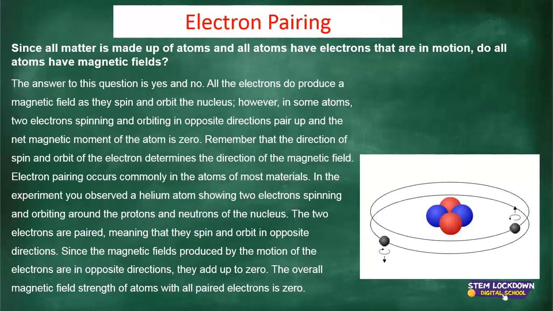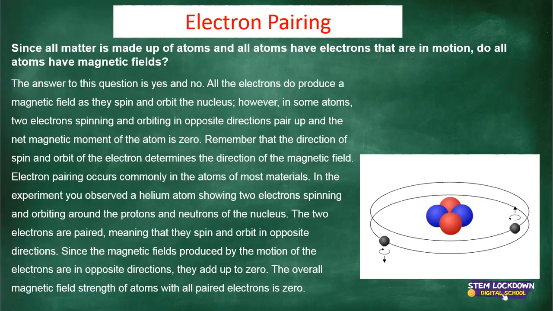This is different from an electromagnet, where all the charges move in the same direction, and that causes magnetism. But when the electrons move in opposite directions, they cancel each other, and then that atom would not be magnetic. Remember that the direction of the spin and the orbit of the electron determines the direction of the magnetic field.